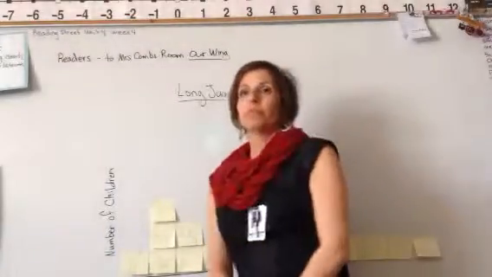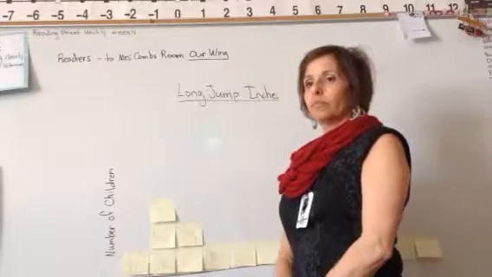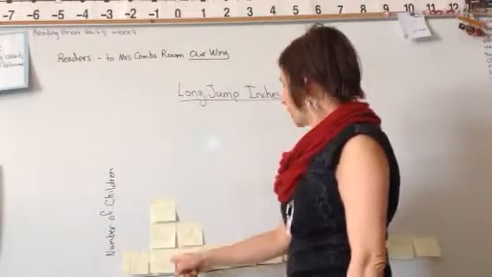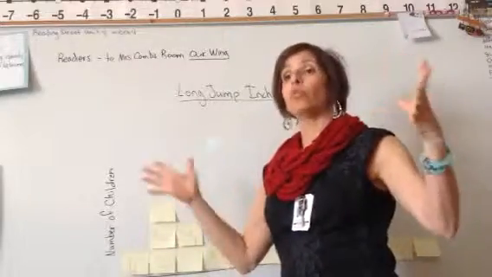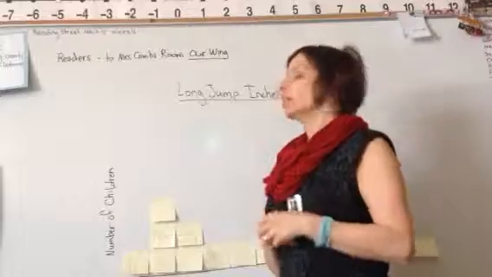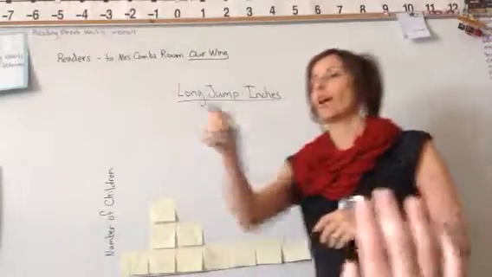The graph helps us, so we could tell that 26 is the highest. Okay, there are more people who jumped 26 inches than any other measurement. Give me another observation about our graph.